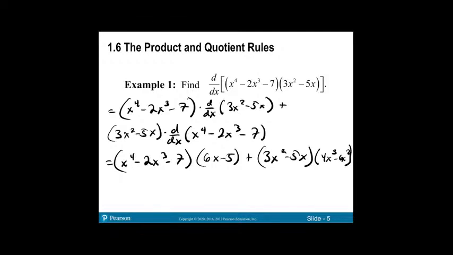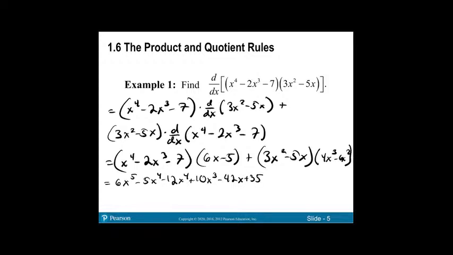All right, well, let's expand it out as best we can. So that's going to give us 6x to the 5th minus 5x to the 4, negative 12x to the 4 plus 10x to the 3, and then 42, so minus 42x plus 35.